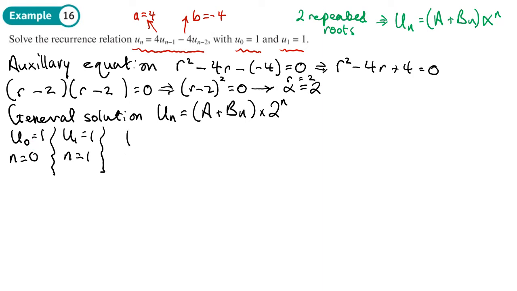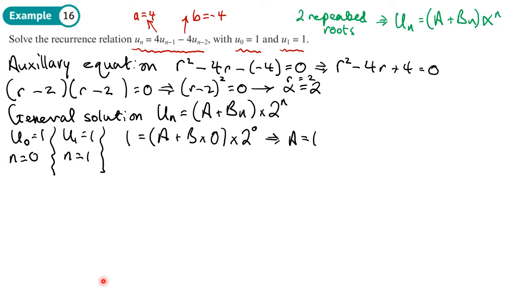So that will give us 1 equals a plus b times 0, n is 0, times 2 to the power 0. Now all of this is just going to become, well, that's gone. This is just 1, so this just leaves a equals 1.